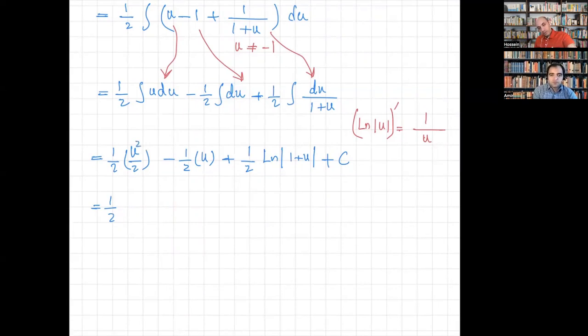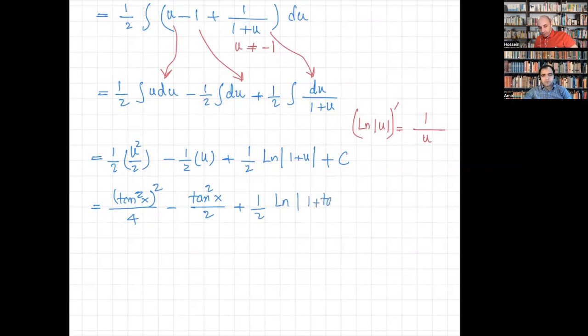I multiplied 2 by 2, so I'm going to rewrite that as 4, and u squared is tangent squared of x to the power of 2, minus u, which is tangent squared of x divided by 2, plus 1/2 ln of 1 plus tangent squared of x, plus c.